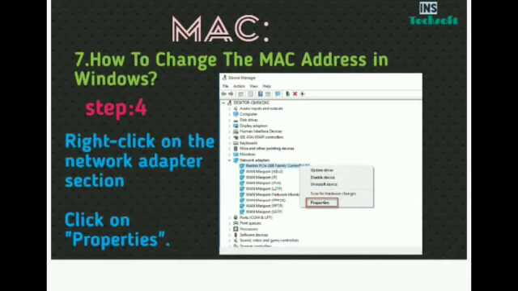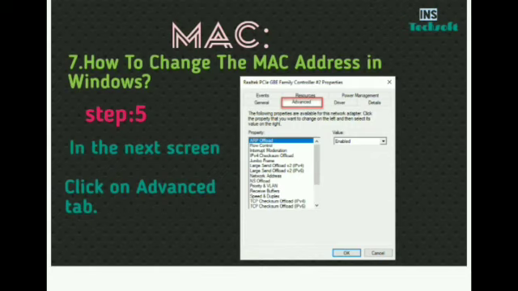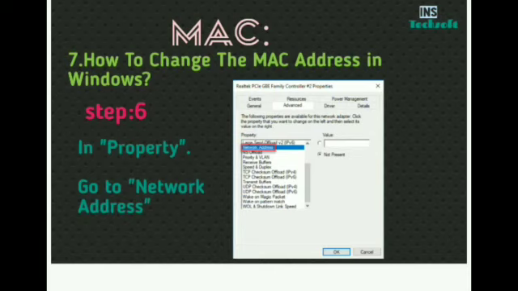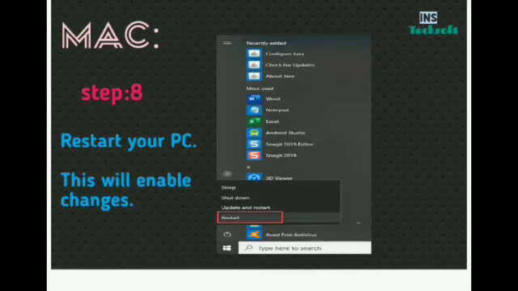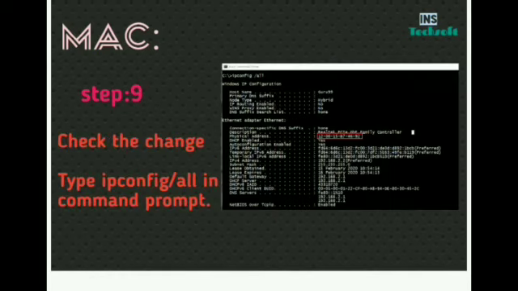Coming to step 4, right click on the network adapter and click on properties. Next, step 5, in the next screen click on the advanced tab. In step 6, in property, go to network address. In step 7, go to value and type the MAC address you like. In step 8, restart your PC. This will enable the changes. Coming to step 9, check the change by typing ipconfig /all in the command prompt.